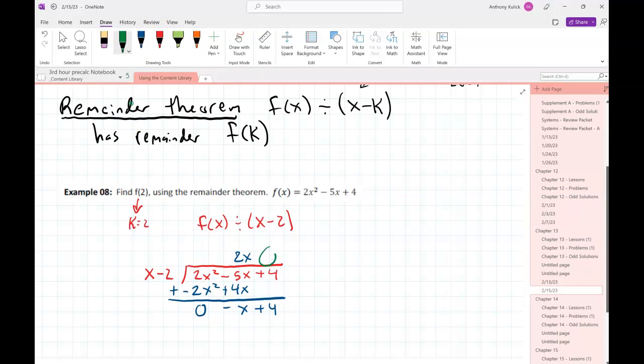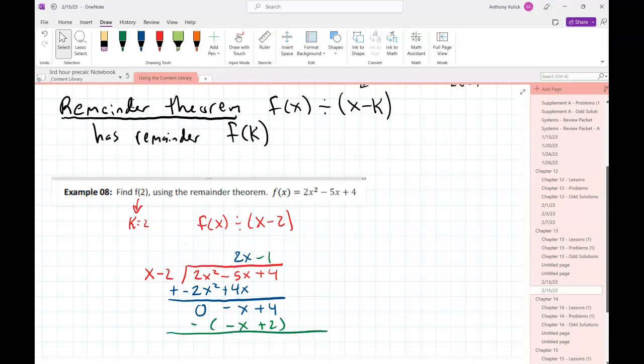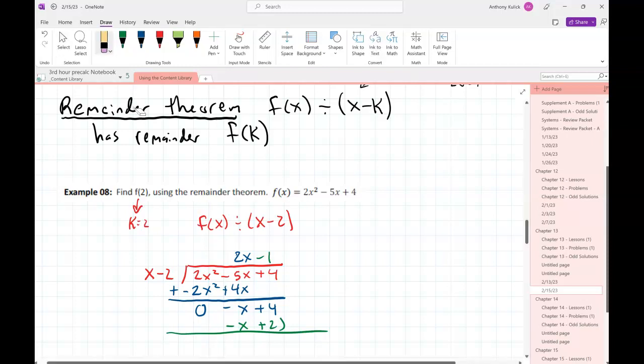So then I'm going to ask myself, what times x gives me negative x? Negative 1. Distribute that across. Subtract down. But what should I do first? Distribute the negative. So that's really going to become plus and then minus. So I get remainder 2.